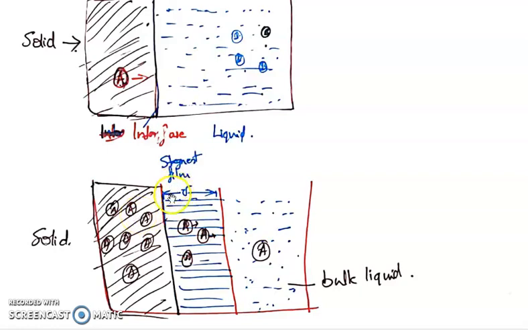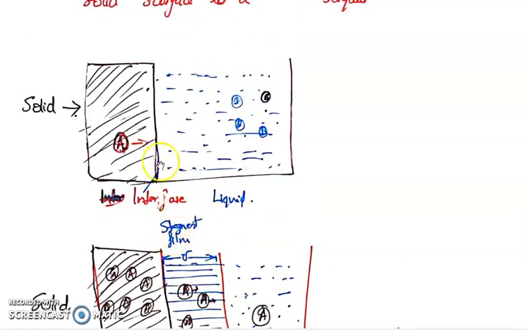So because of that, the free movement of liquid molecules is restricted, and it is rightful to assume that the molecules of liquid which are adjacent to the solid will form a stagnant layer or stagnant film. In this film, we assume that the liquid molecules are stationary. And I would like to introduce another concept known as interface.